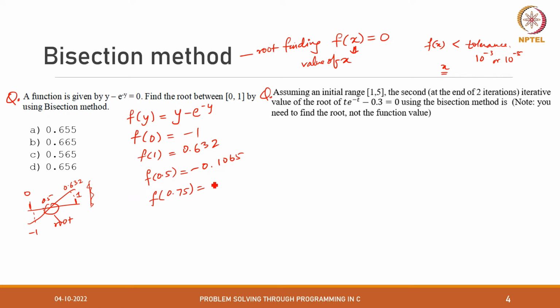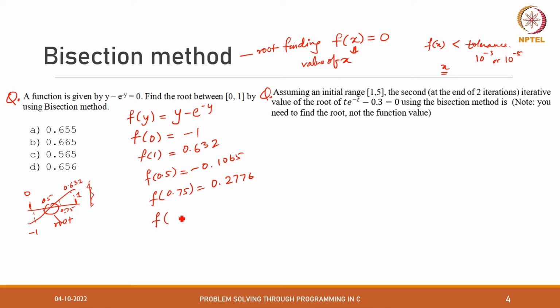It's around 0.2776, a positive value. Earlier the value at 1 was 0.632, and now 0.75 has a positive value of 0.2776. That means the root occurs somewhere between 0.5 and 0.75.